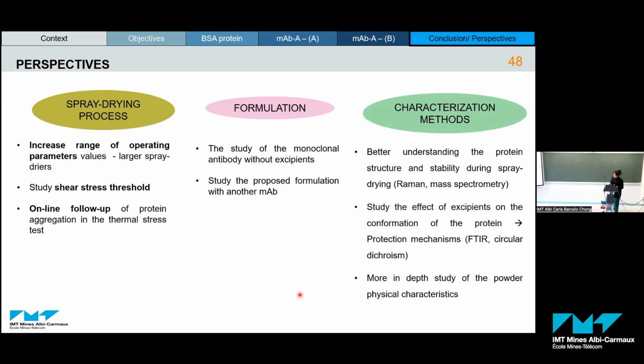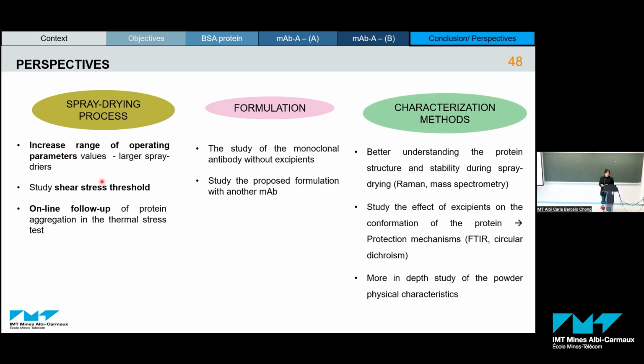And the perspectives of this work are directed towards the spray drying process, for increasing the range of the operating parameters in the future, because now we were using a lab scale spray dryer, which can be constrained for different generation of stresses, and therefore going for larger spray dryers, for example, pilot scale or industrial scale.